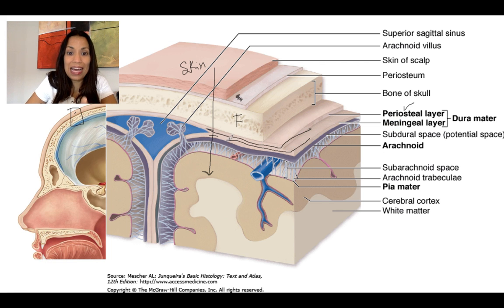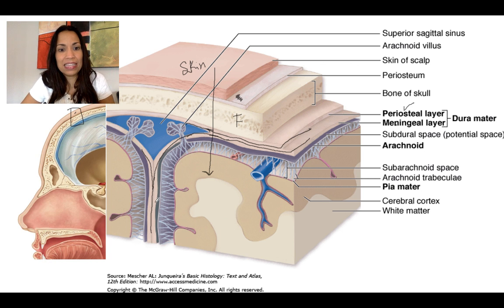As you can see, at the beginning they are together, but then they separate because only the meningeal layer invaginates to create the falx cerebri, but also the falx cerebelli and tentorium cerebelli. When this layer invaginates and the periosteal and meningeal layers separate, it creates this space.